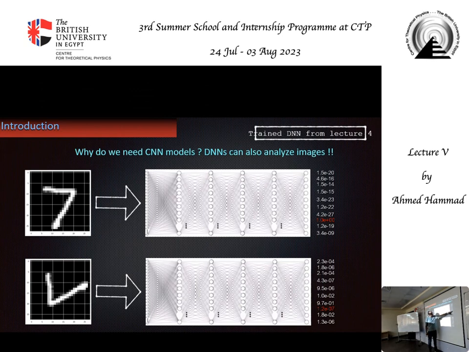The model predicts a probability of 1 that this is an image containing the number 7. So the model is 100% sure this is an image of 7.